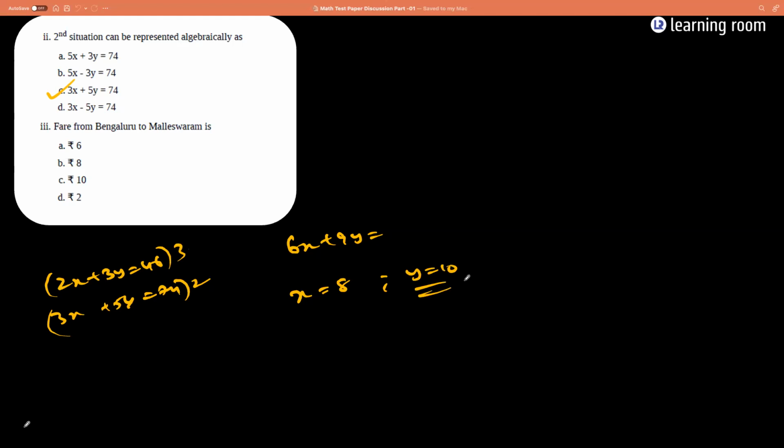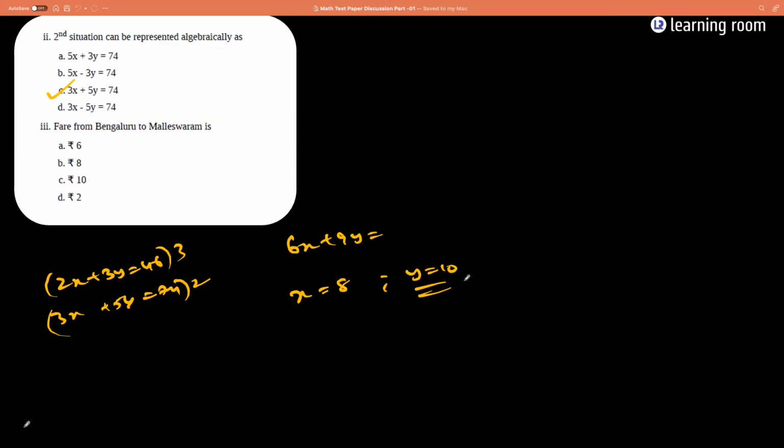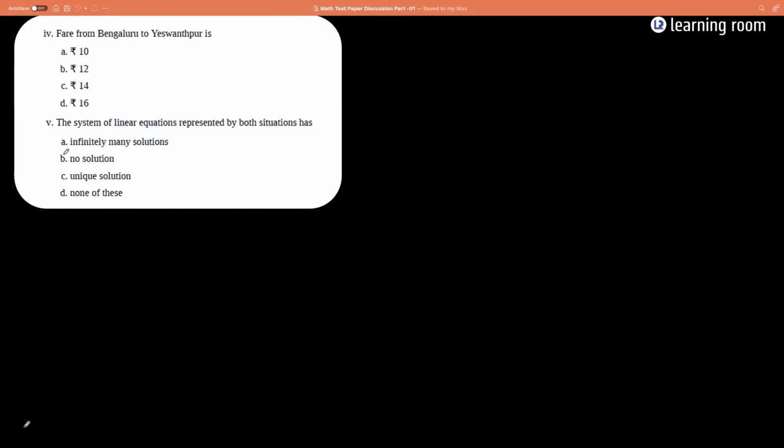I'm not checking it because I'm assuming you can solve. x is 8, y is 10. So the fare from Bengaluru to Malleshwaram is rupees 8. Fare from Bengaluru to Yeshwanthpur is rupees 10.